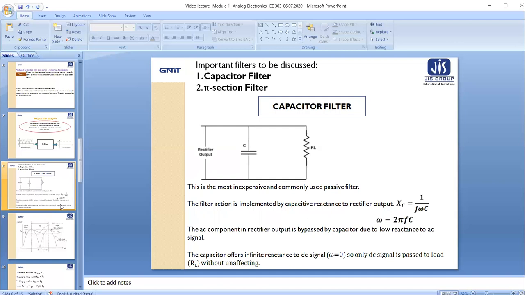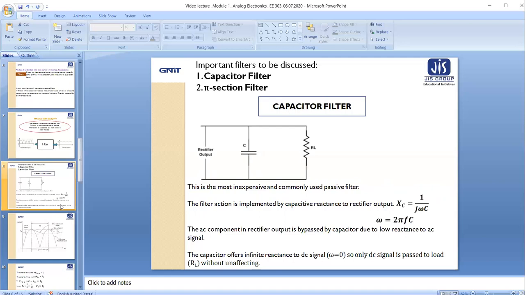If you see the circuit diagram of the capacitor filter, you will see that the rectifier is connected with a capacitor and the load is connected after the capacitor, in parallel connection with the capacitor. Therefore the capacitor voltage is nothing but the output voltage across the load resistance, and the rectifier output signal is filtered by this capacitor.